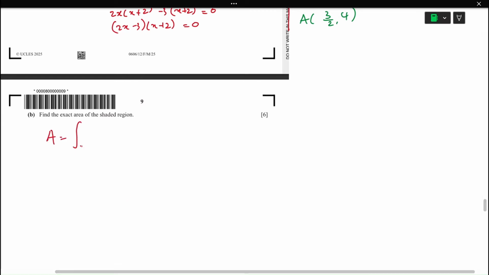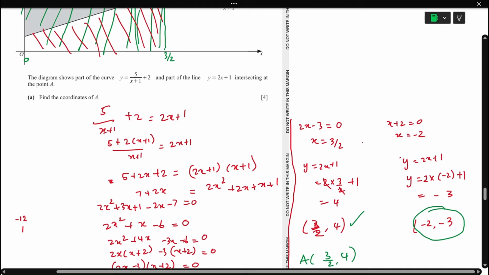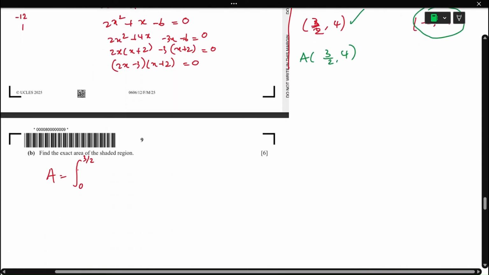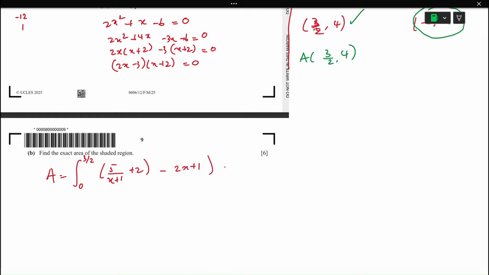integral 0 to 3 by 2. So the curve equation should be first. The curve equation is 5 by x plus 1 plus 2, minus the line equation 2x plus 1, dx. Okay, so next integration 0 to 3 by 2.